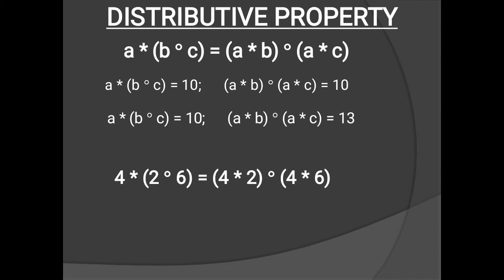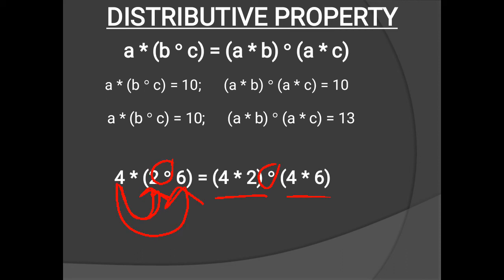So if I have 4 operation 2 operation 6, it should be 4, the one outside, operation the first one inside, then operation 4 outside, operation 6 inside, not forgetting my operation sign in the middle. So just like 4 times 2 plus or minus, because it can be plus or minus, 4 times 6.